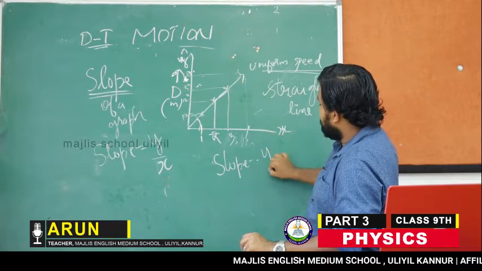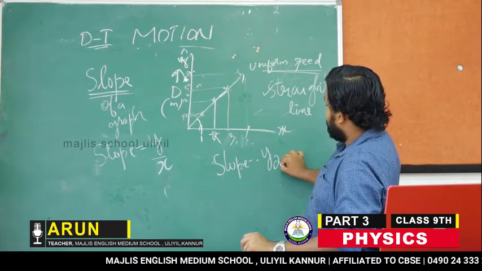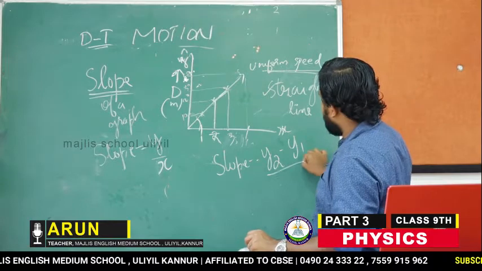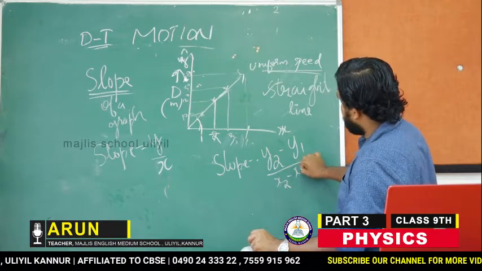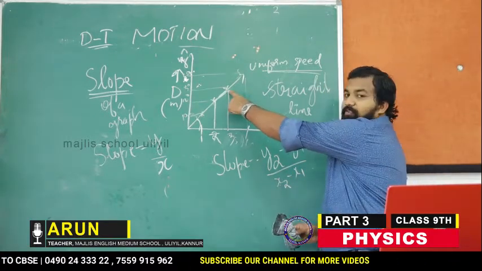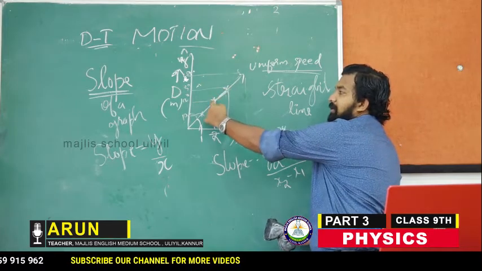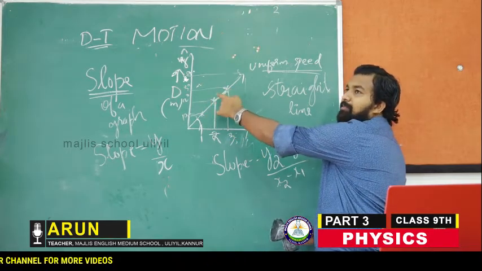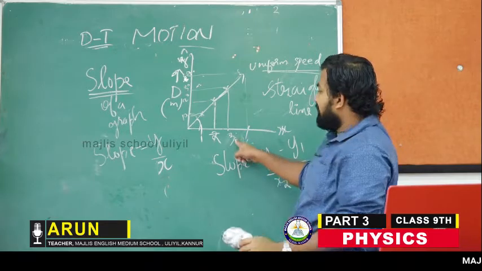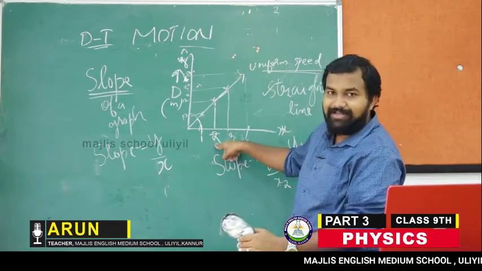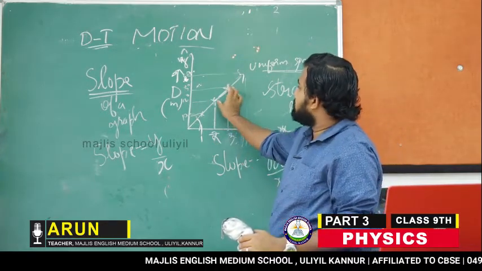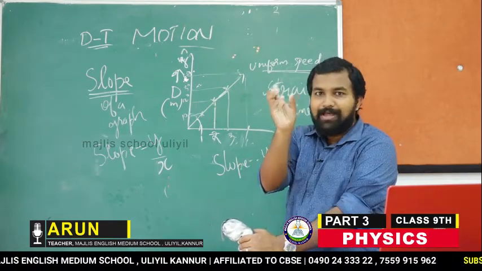So the slope is y2 minus y1 divided by x2 minus x1. That means the final distance minus the initial distance, 30 minus 20, divided by the final time minus the initial time. That will give you how much distance and how much time it travelled in that particular interval.